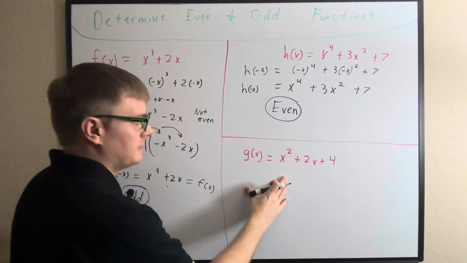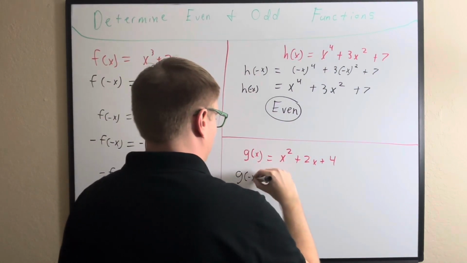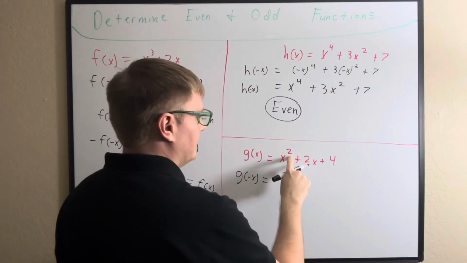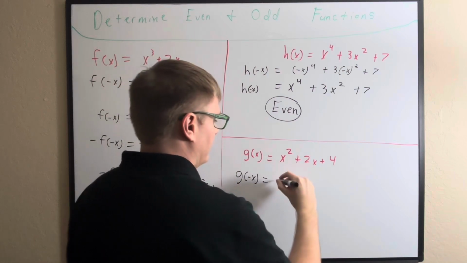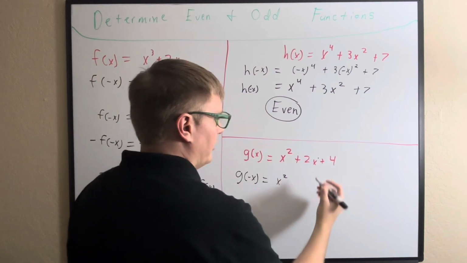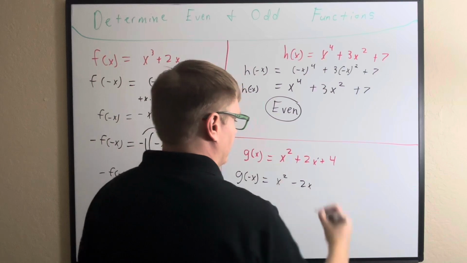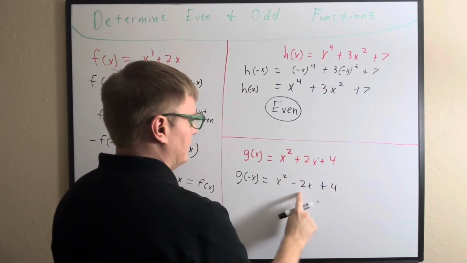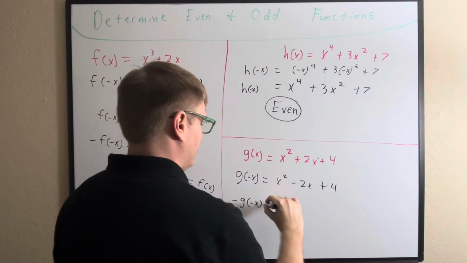What about this one? Last one, I swear. g of negative x. It's positive. It's even, so when we put a negative x in there, it's going to come out positive. This is an odd exponent, which means it's going to come out negative. Is that the same? No. That middle sign changed. So let's do negative g of negative x.